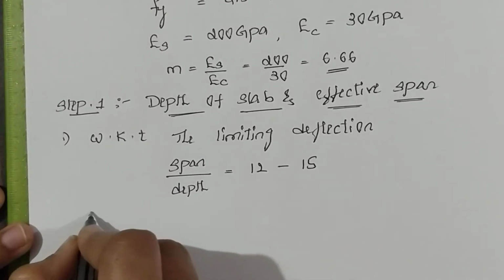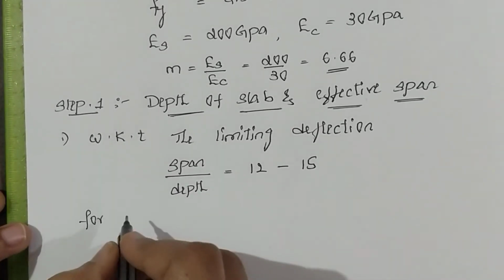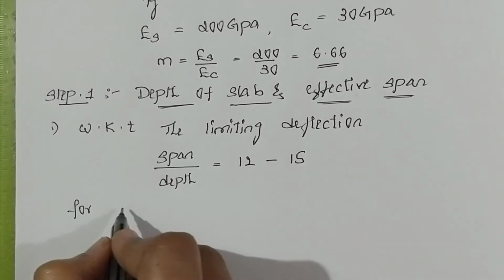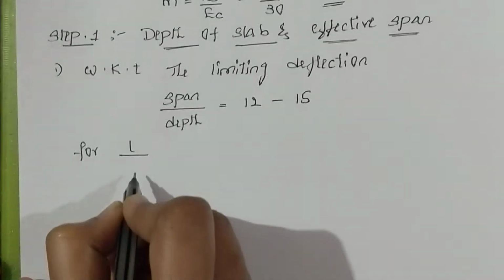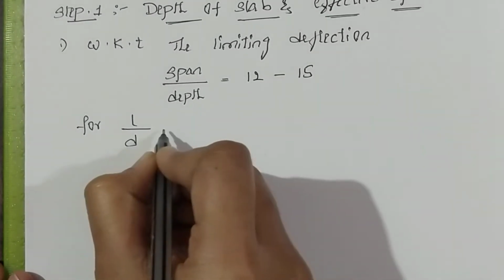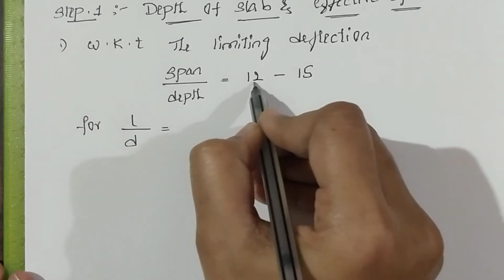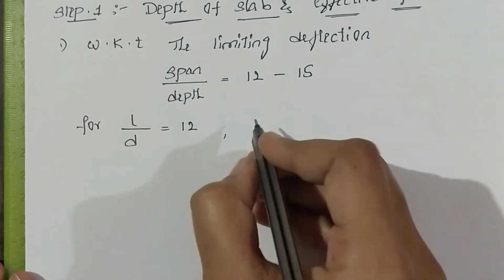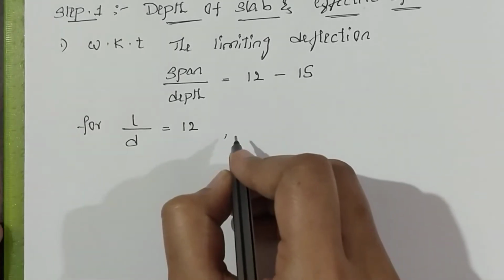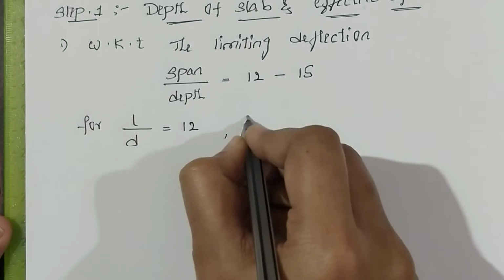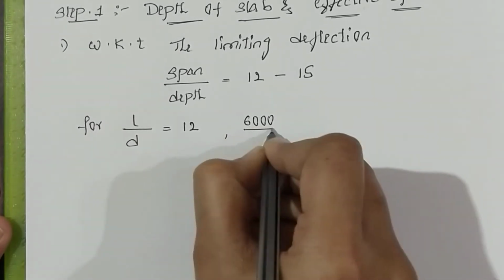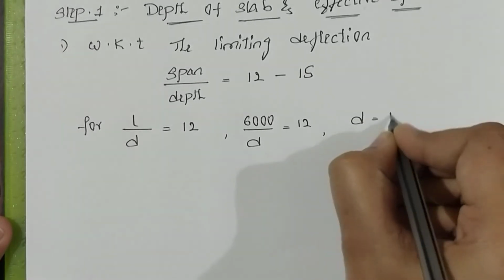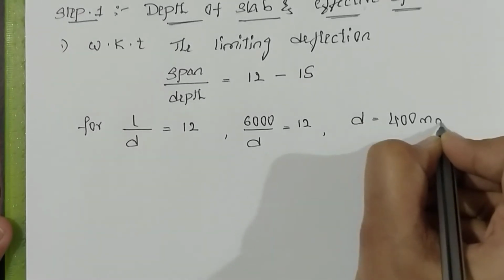So first you calculate for span, it is L divided by effective depth D. Take it in the range 12 to 15. Consider L by D ratio as 12 and calculate the effective depth. Span they have given, that is the clear span, it is 6 meter. Substitute 6000 mm divided by D equals 12, and calculate the effective depth. You will get it as 500 mm.